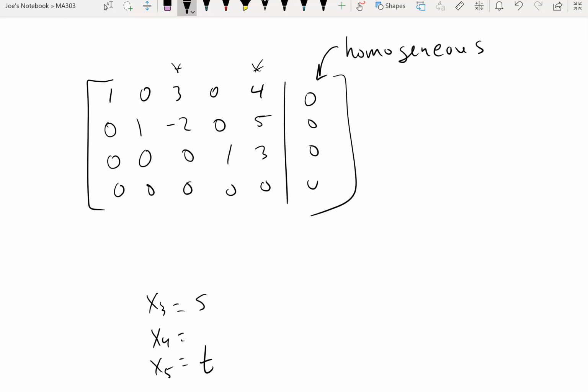Then I need to write the other ones in terms of those parameters. So what will x4 be? Good, -3t. What will x2 be? Good. And what will x1 be?